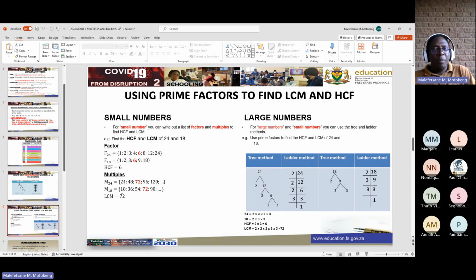In the same way, we multiply 18 by a natural number: 1 by 18 is 18, 2 by 18 is 36, 3 by 18 is 54, 4 by 18 is 72, and 5 by 18 is 90. When you check those, the number common to both is 72. So 72 is the lowest common multiple of 24 and 18.